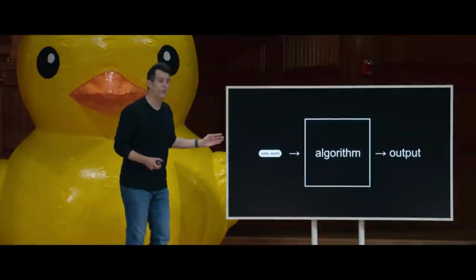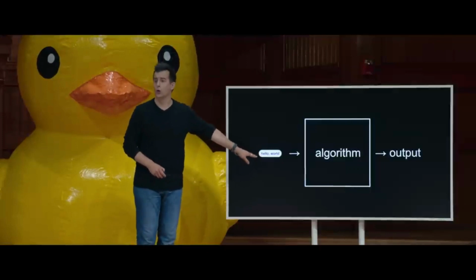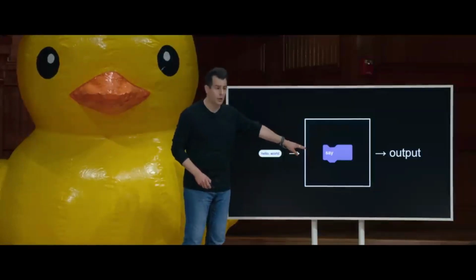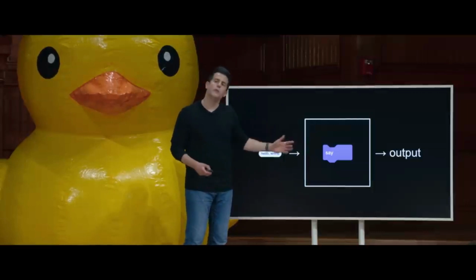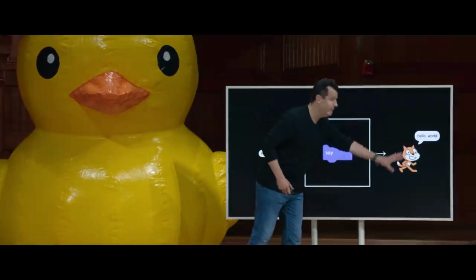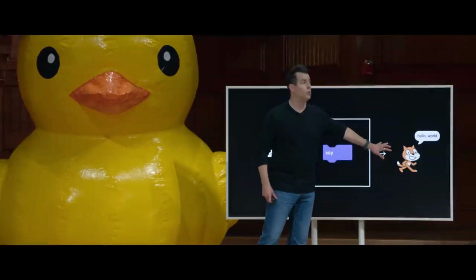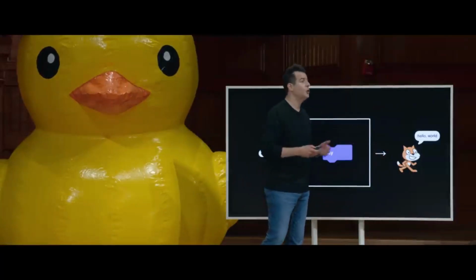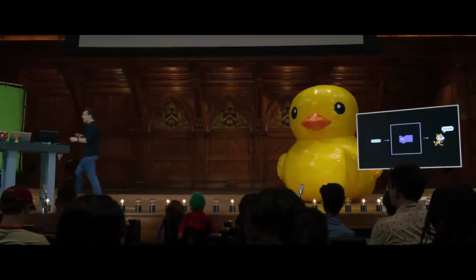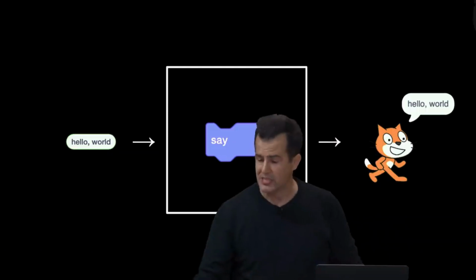Well, what we've got here really is an input of hello world, the white oval. The function or algorithm that it's going into as input is the say block. And what is the output of using this say block, the say function? It's the visual effect of having the cat have the little speech bubble appear above its head saying hello world. So everything we do, in fact, can be mapped back to that very simple idea of inputs and outputs.